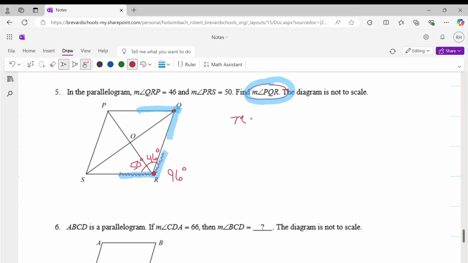So the measure of angle PQR plus 96 is equal to 180. So subtract 96 from each side. And we get the measure of angle PQR that's equal to 180 minus 96, 84 degrees.